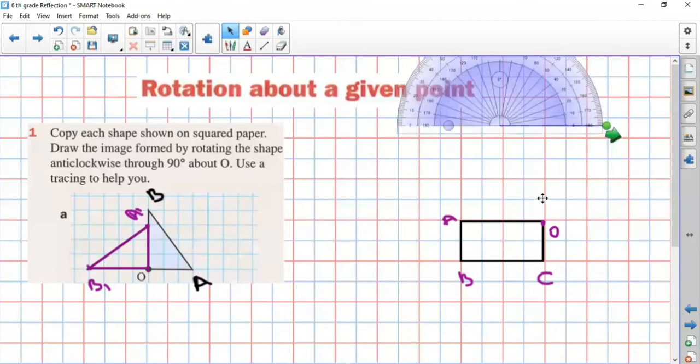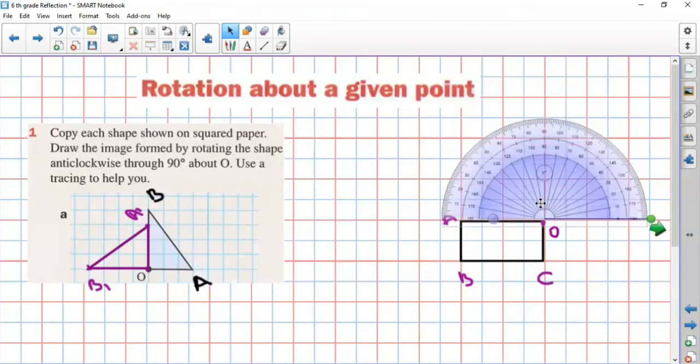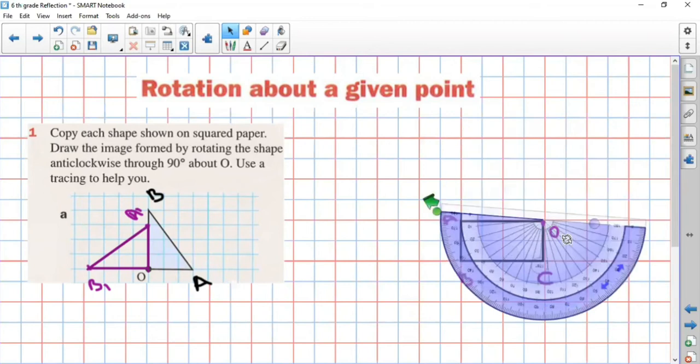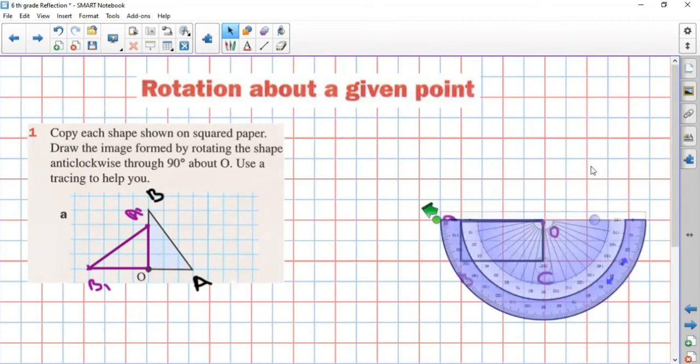So we have to measure the angle from OA 90 degrees but anti-clockwise. So we have to be careful with direction. It means I have to find the angle in this direction. Okay, so not in this one, but in this way. So 90 degrees, it will be here. So A will come to this position.